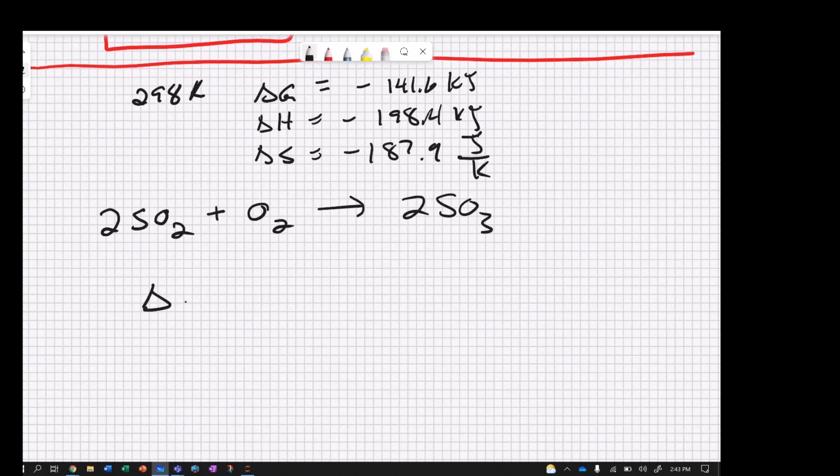Delta G is delta H minus T delta S. So if delta H is negative and delta S is negative, then since T is always positive, this thing's always positive and this is negative.